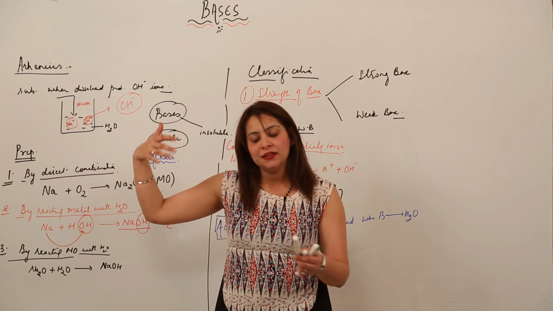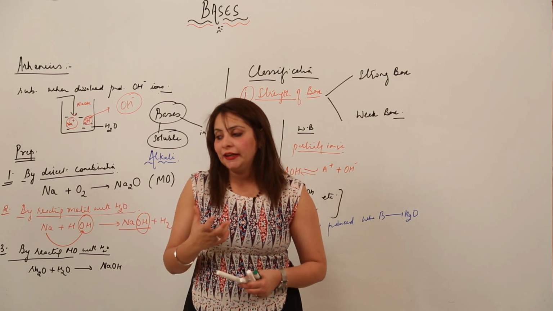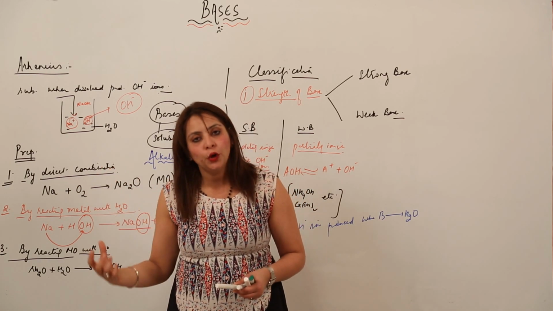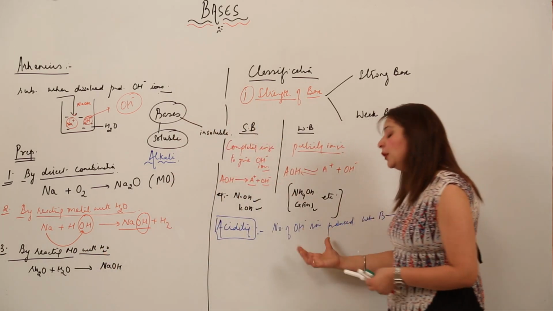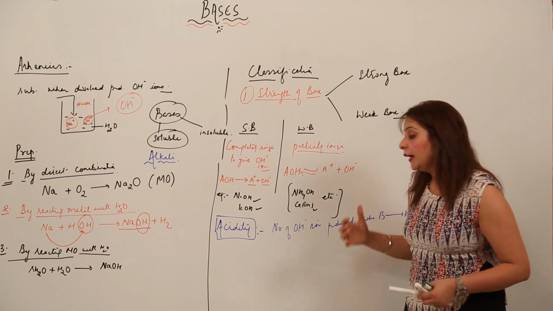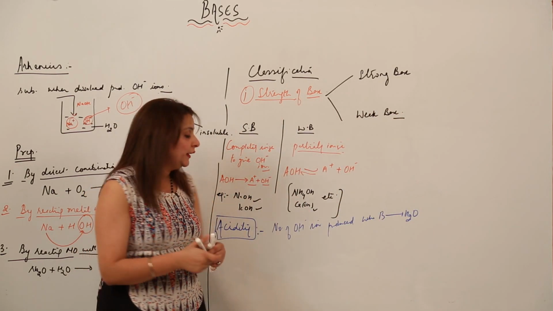Likewise, in the basicity case, you were indicating the number of hydronium ions produced when an acid is dissolved in water. Here we have the number of hydroxide ions produced when a base is added to water, and on this basis we classify the bases into different categories.